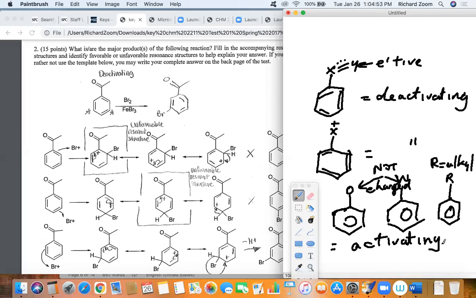Yep. So I don't think it's that big a deal. I mean, people obviously have conniptions over this all the time. You know, oh, I don't know if it's activating or deactivating. How do I tell? It's not really that big a deal. I honestly don't think it's that complicated.